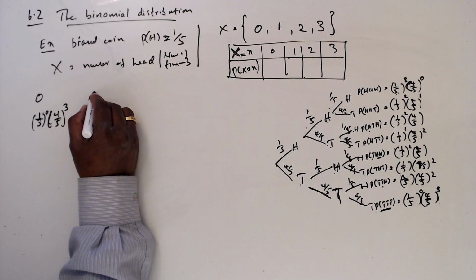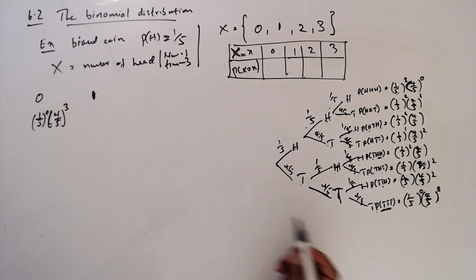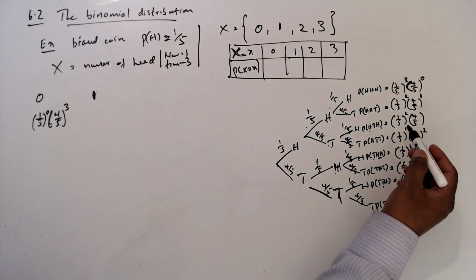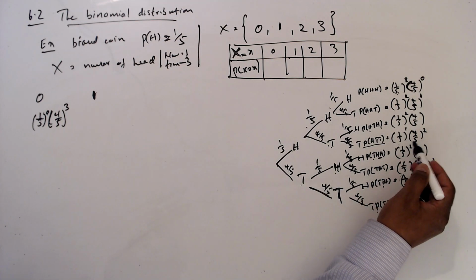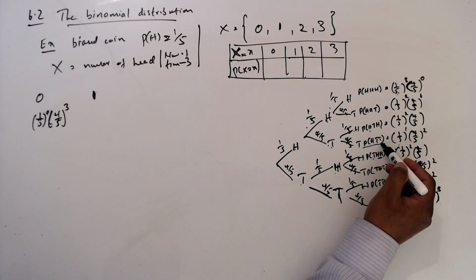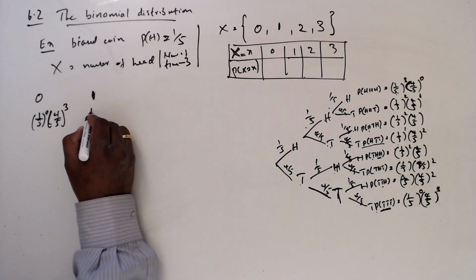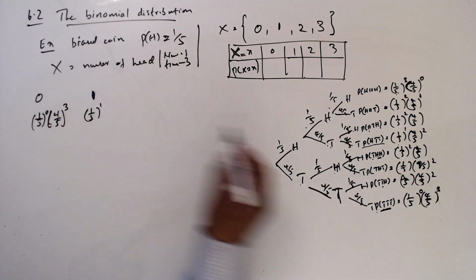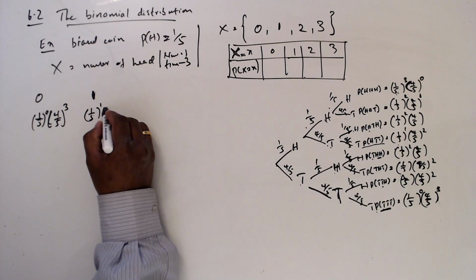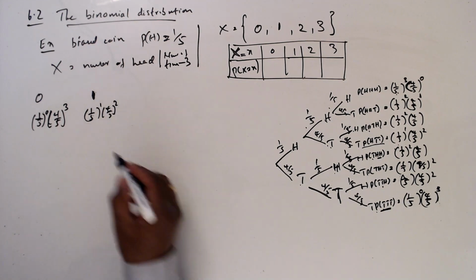Getting 1 head: 1 head is this one. I can see this is H, T, T: 1 over 5 to the 1 and 4 over 5 squared.